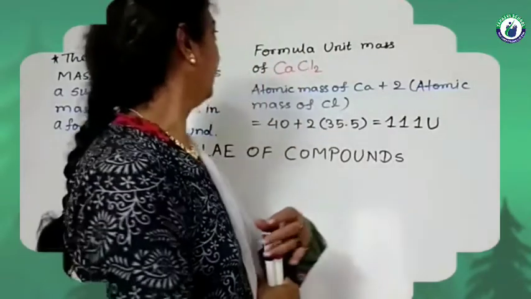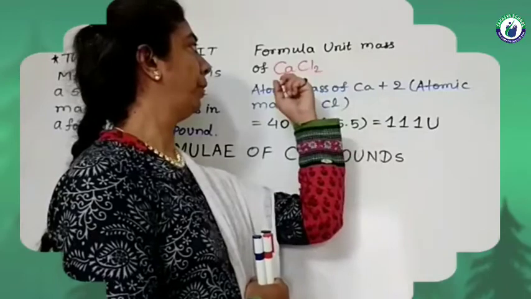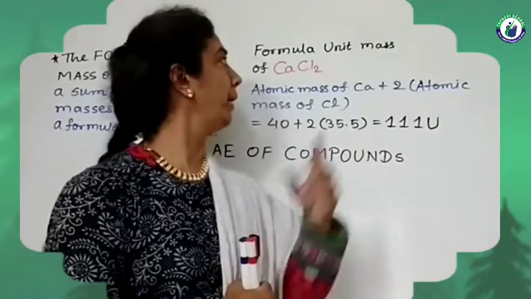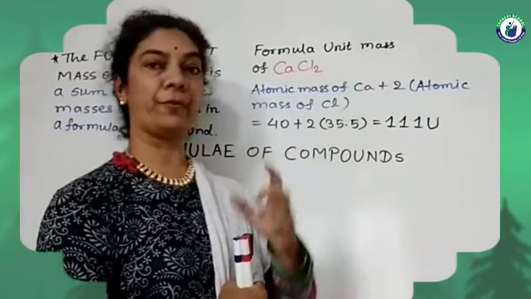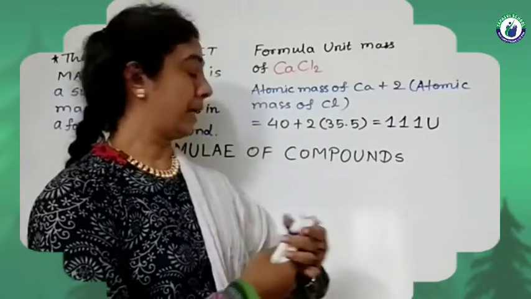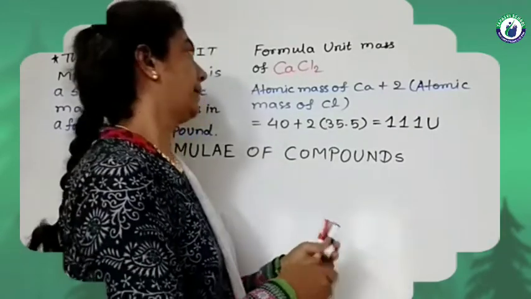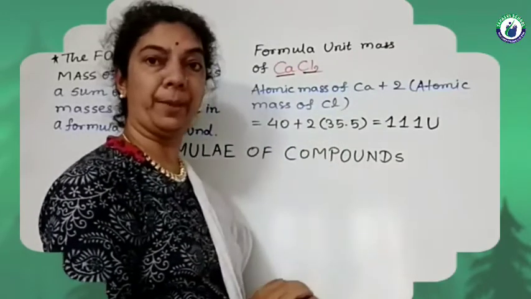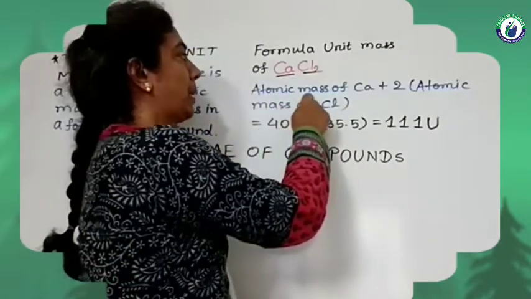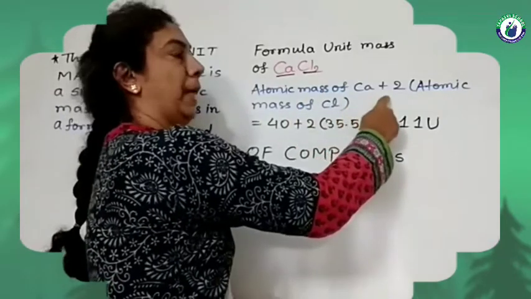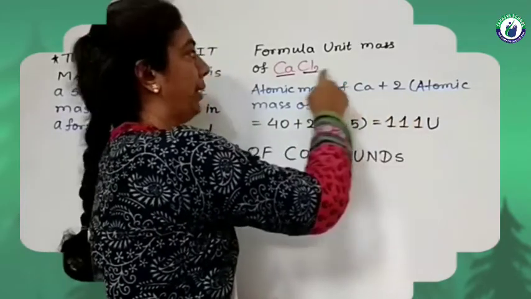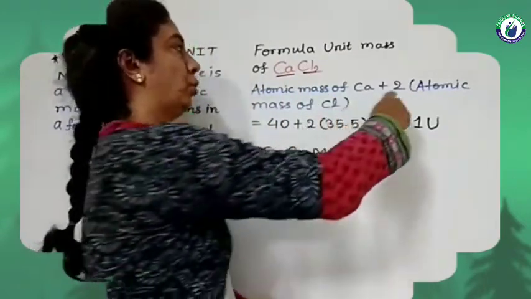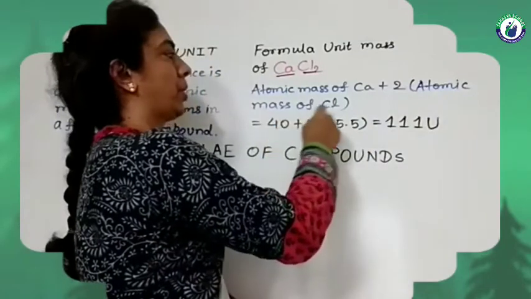For example, the formula of calcium chloride. If I want to calculate its formula unit mass, there are two elements, two types of atoms. So the formula will be the atomic mass of calcium plus 2 multiplied by the atomic mass of chlorine, because chlorine contains 2 atoms.